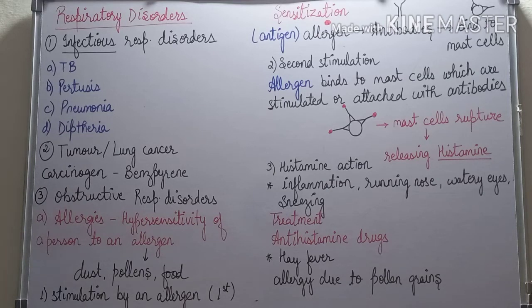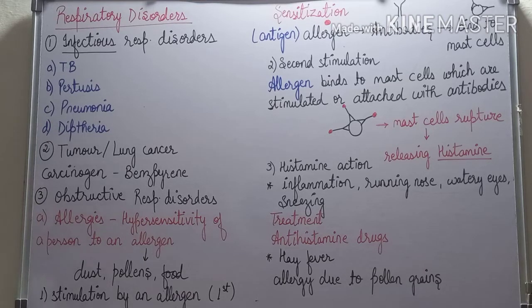These are certain diseases related to respiratory disorders which are kept under the third category, obstructive respiratory disorders, out of which we will be studying the first type, that is allergies, in a little bit of detail, and the rest of the obstructive respiratory disorders we'll be studying very briefly. Fine.